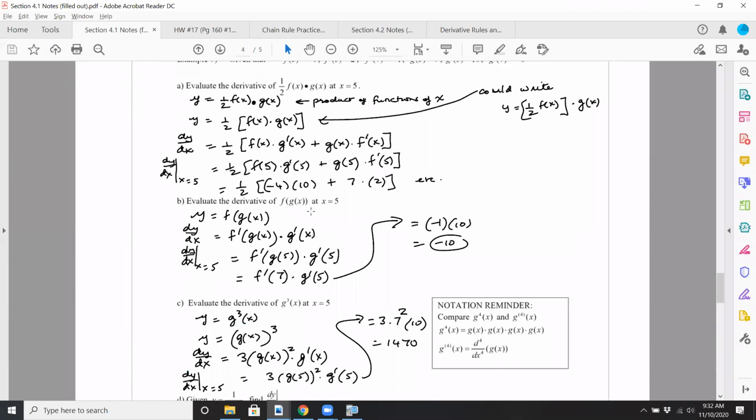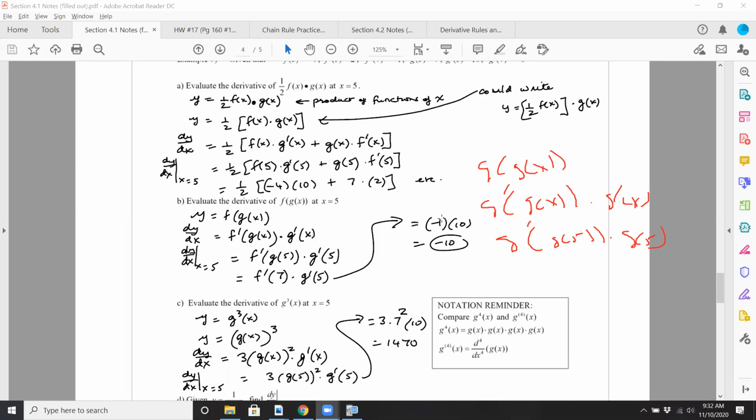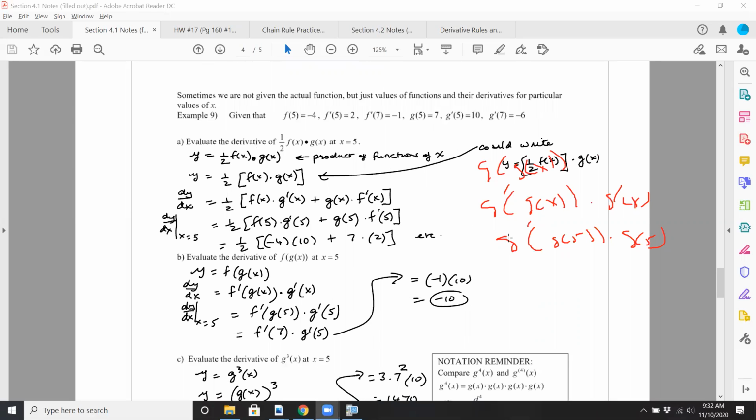Well, first let's do that derivative. So that's going to be g prime of g of x times g prime of x. And then if I plug in 5, so g prime of g of 5 times g prime of 5. Well, g of 5, I believe you know, is 7, and g prime of 5 is 10. So g of 5 is 7.